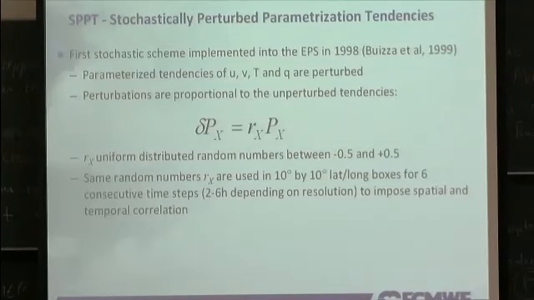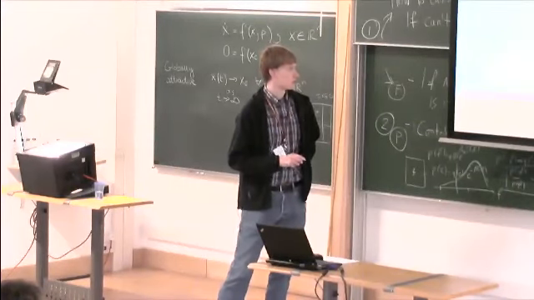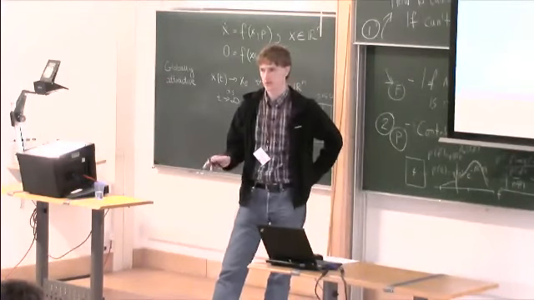And the random numbers were uniformly distributed between minus 0.5 and plus 0.5. And to have temporal and spatial correlations, the random numbers were constant in a 10 by 10 degree latitude-longitude box and kept constant for 6 consecutive time steps, which is, depending on resolution, 2 to 6 hours.